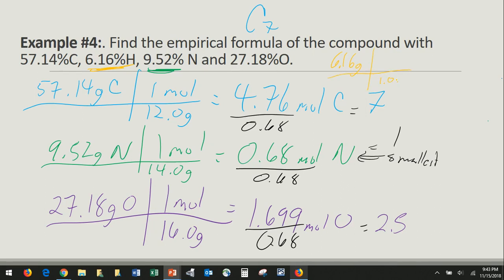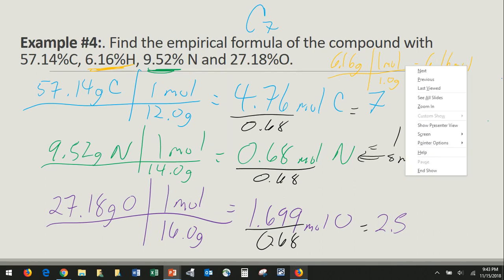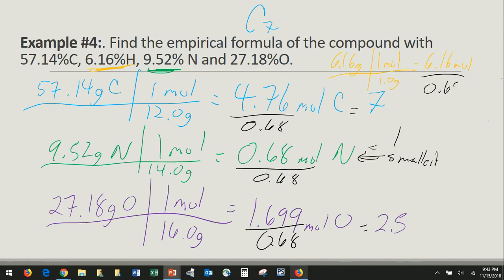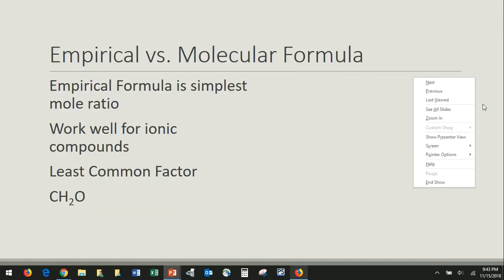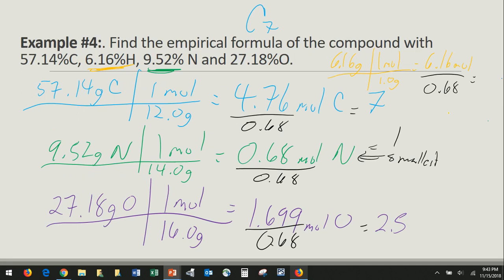So that's 1 gram and 1 mole of hydrogen, which gives me 6.16 moles. And then we're going to divide that by the lowest number, which is the 0.68. And that's going to give us, for hydrogen, let's go backwards. Does that stay orange? Yes, it does. So 6.16 divided by 0.68 is 9. So that's going to give us 9.